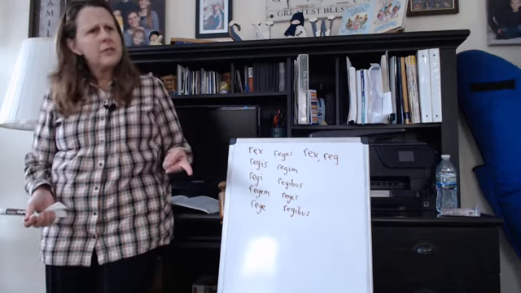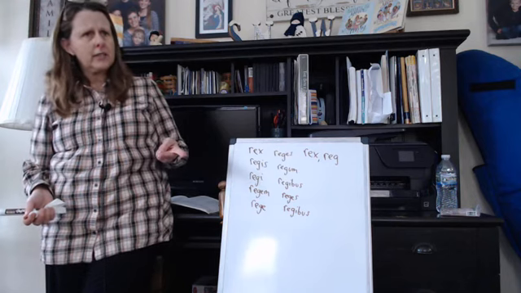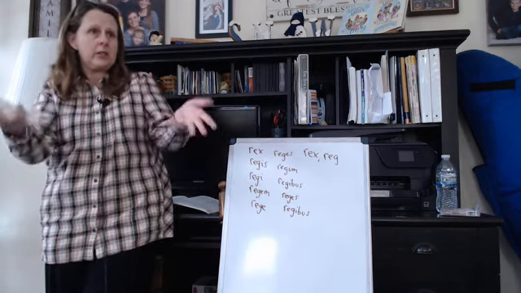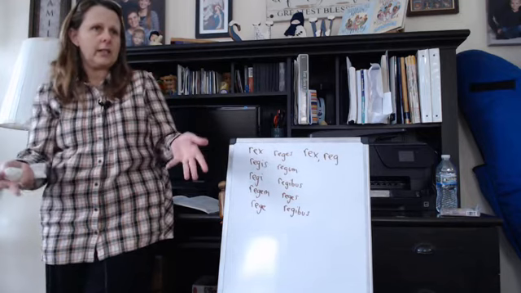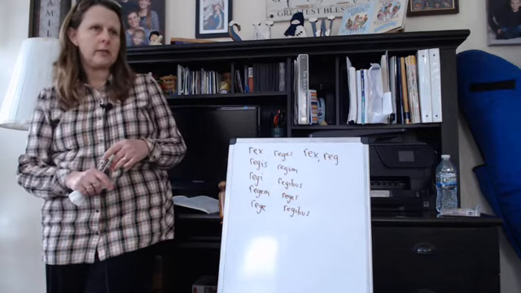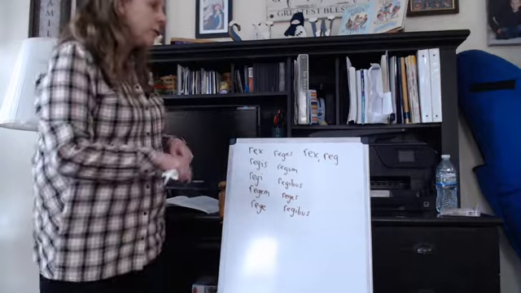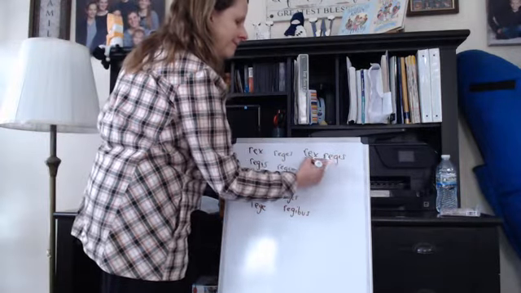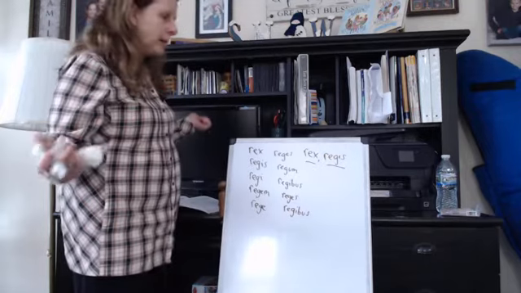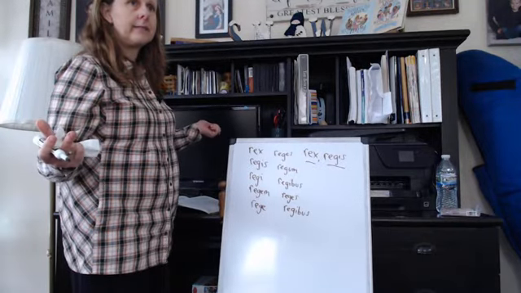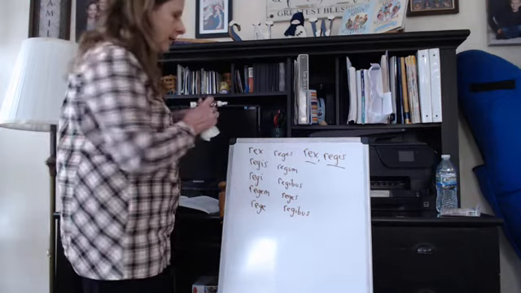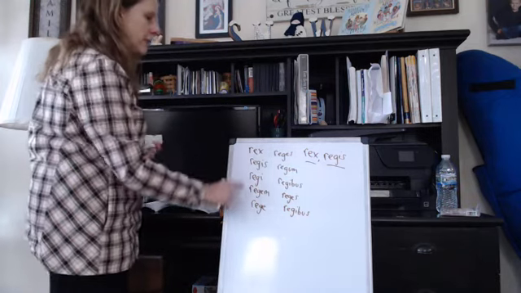We didn't really have to do that with the first and second declension nouns, you know, because the ending was right there and you just took it off and there wasn't any trickiness to it. This has a trickiness to it. So if you do not memorize both of these, you will be helpless in declining these. That's the other kind of bad news about third declension. Okay, so this is one example.